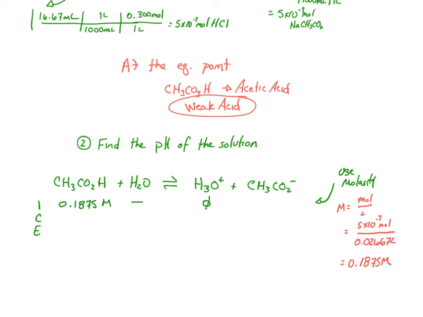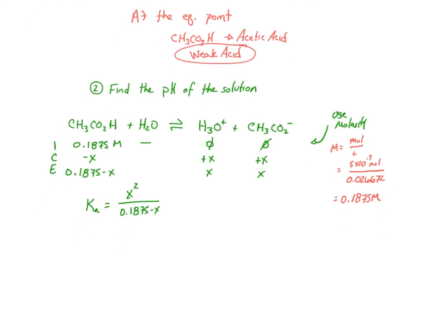And initially, I have none of this. So that means that my change is going to be minus x, plus x, plus x, giving 0.1875 minus x, x, and x. And this is described by a Ka is equal to x squared over 0.1875 minus x.